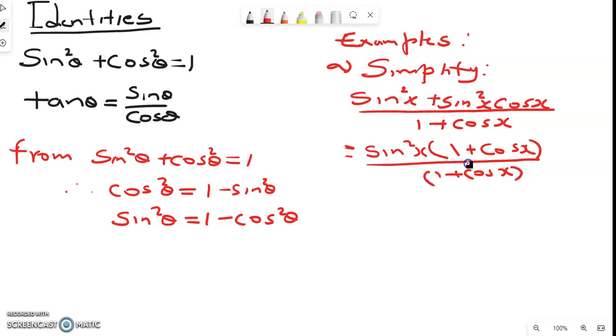This factor can divide this factor, so we are left with sine square x as our answer.